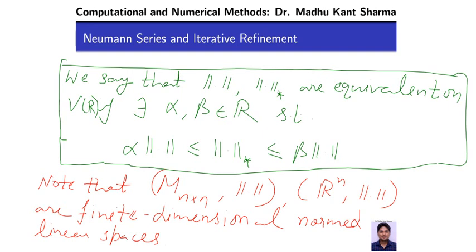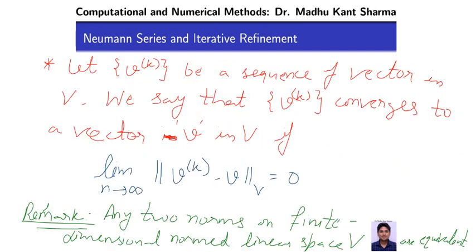Moreover, this is almost the same as saying that the sequence of vectors V k in V is getting closer to V as k tends to infinity.